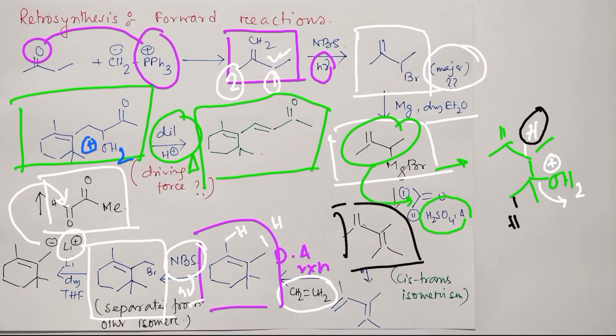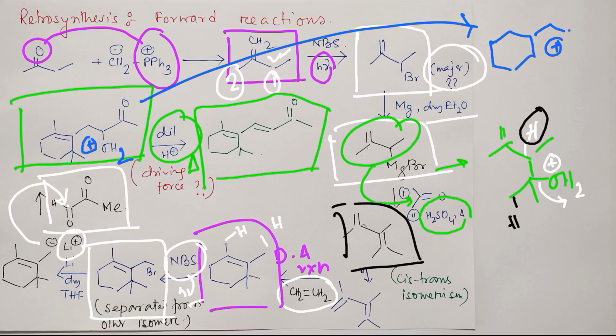It is least interested in leaving, because after elimination it will result in this carbocation, which is very unstable, because this carbocation is alpha to the carbonyl, and we know that at the alpha position a negative charge is stabilized but not a positive charge. That's why we can think the reaction will be slow, but after that this proton will be eliminated to prepare this alkene, which is very stable due to conjugation.